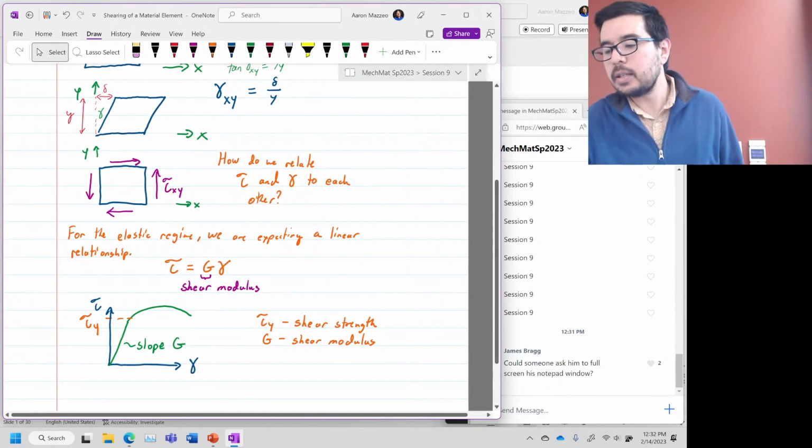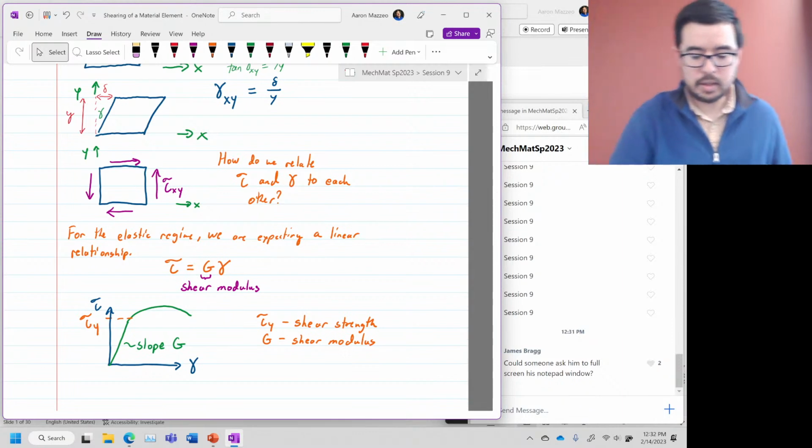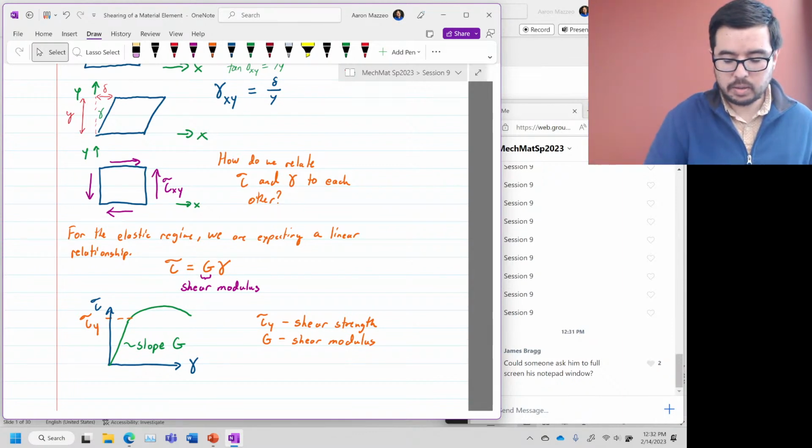Okay, so that's shear. Now let's talk about twisting of a rod. Okay?